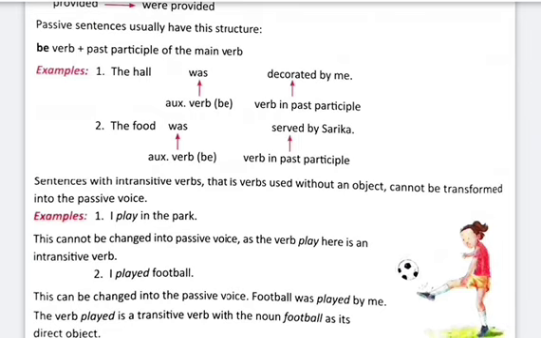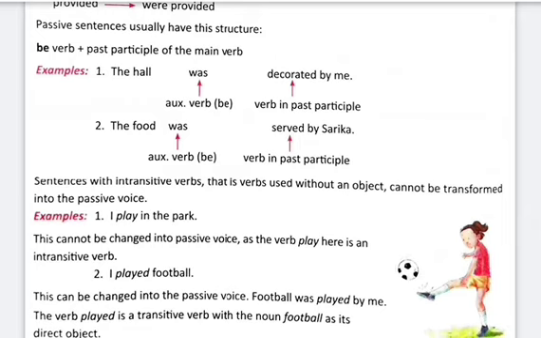I is the subject, decorated is the main verb and the hall is the object. Decorated is in active form and the doer is the subject in this sentence. So, I decorated the hall is in active voice.